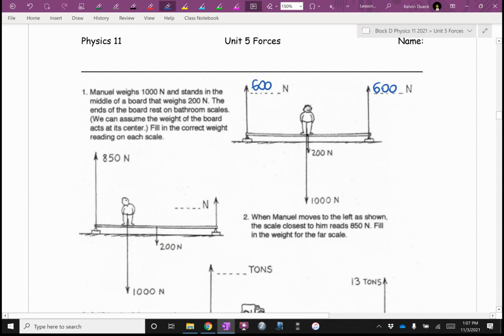Is he sinking into the ground like quicksand? Is he flying through like Superman? That means vertically the forces must be, I'm looking for a word that starts with letter B. The left-hand scale is pushing up with 850 newtons because he's closer to it. What must the right-hand scale be pushing up with? Has to be.